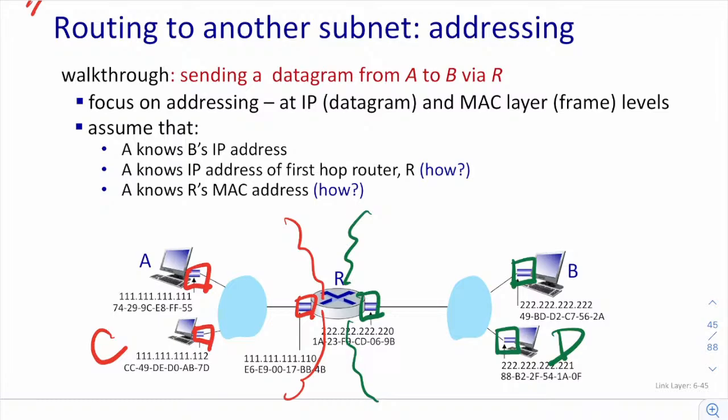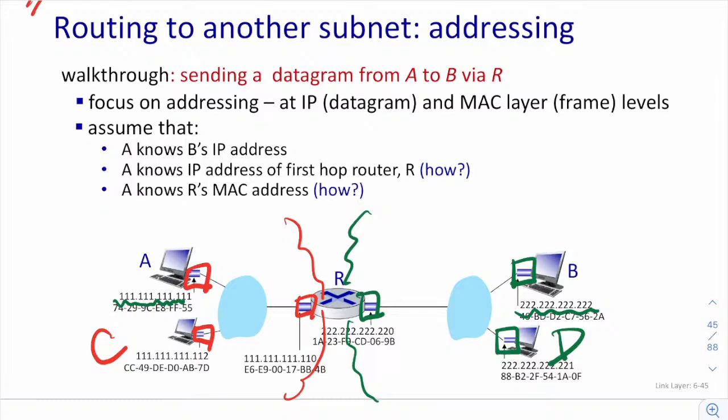Okay, that is the problem. So first you have to know that A's IP address is 111.111.111.111, and B's address is 222.222.